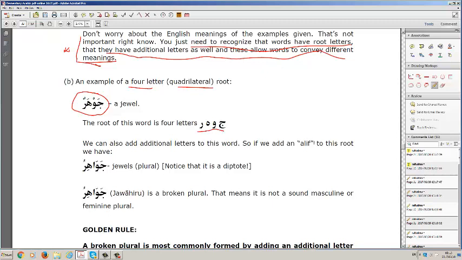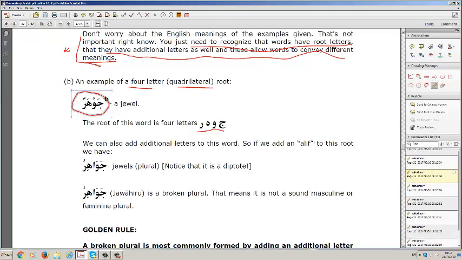All these letters here are actually roots of the verb. And similarly, you can also add to these quadrilateral verbs. So for example, if I add an alif in the middle here, it becomes jewels.